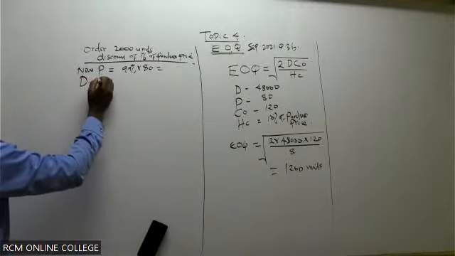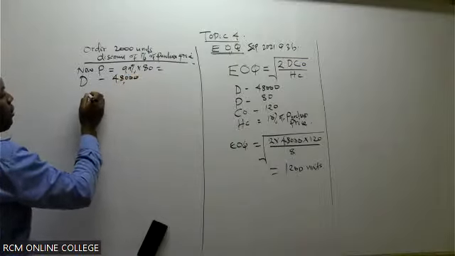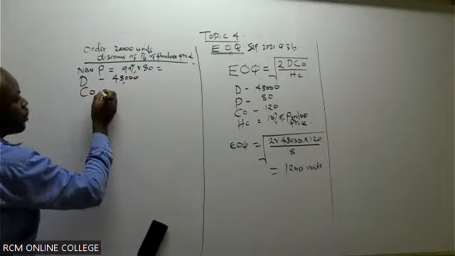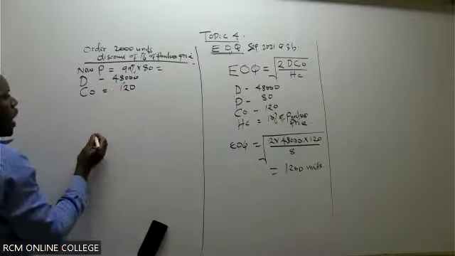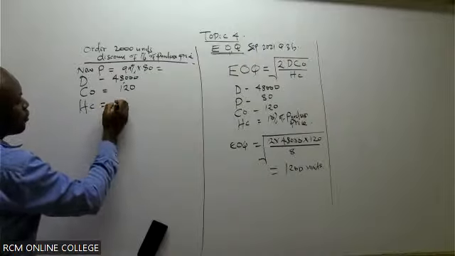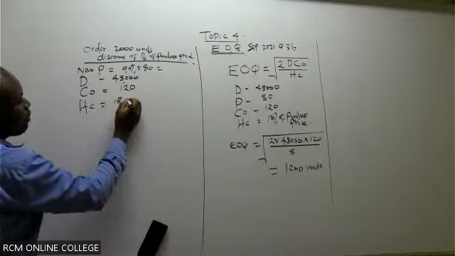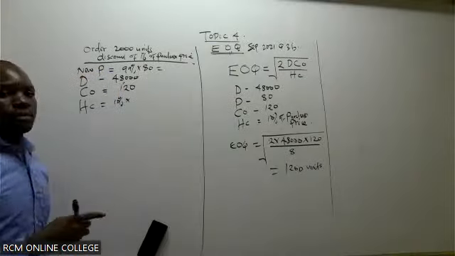Demand has not been affected. It is still 48,000. Ordering cost has not changed. It is still 120. Holding cost is now changing because it is pegged on the purchase price. So can you give me the new purchase price?